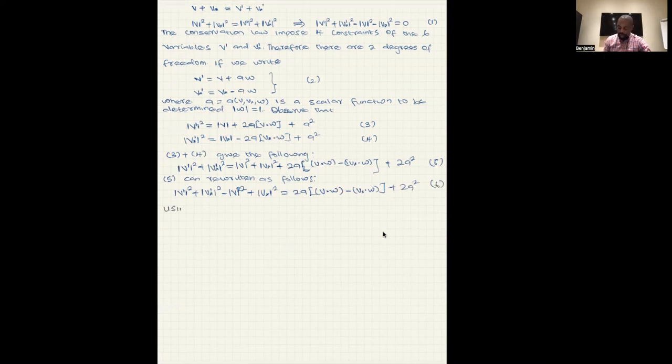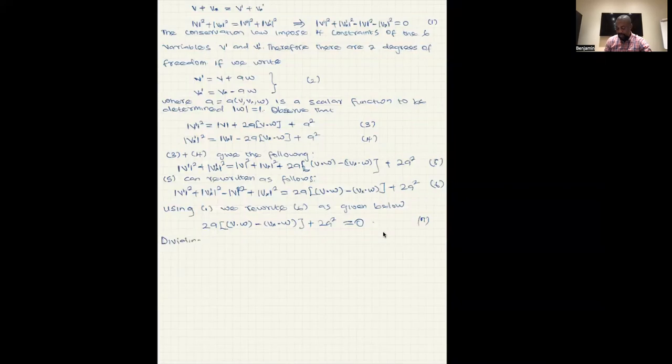Using equation 1, we can rewrite equation 6 as given below. 2A times the difference v dot omega minus v star dot omega plus 2A squared is equal to 0. Let's call this equation 7.